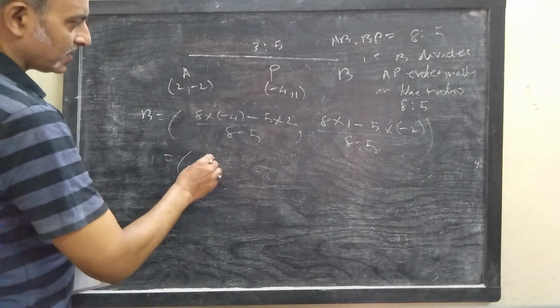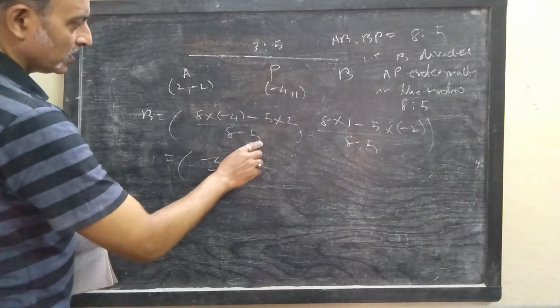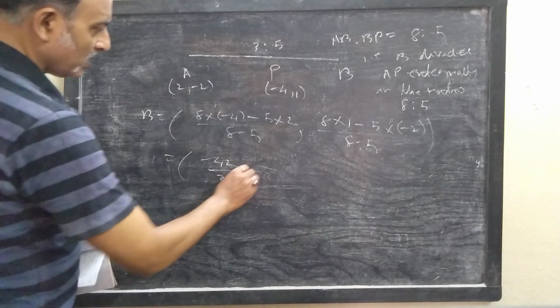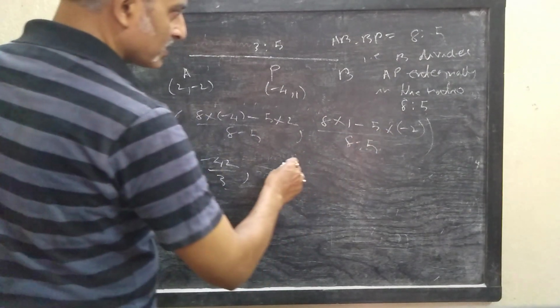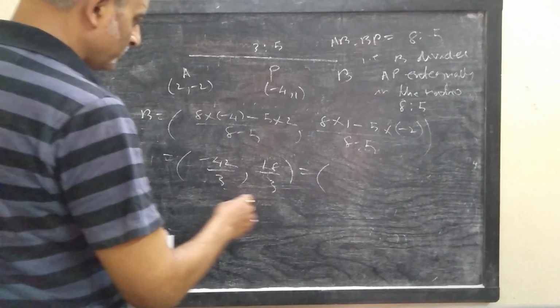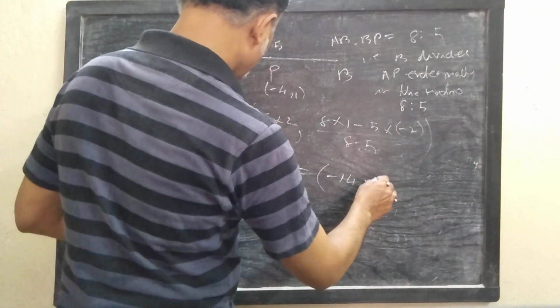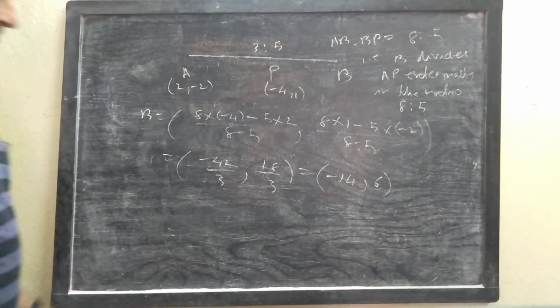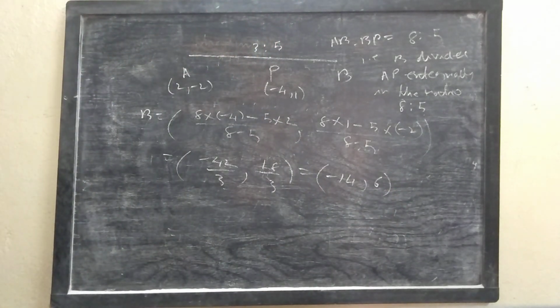Minus 32 minus 10, that is minus 42, by 3. And 8 plus 10, 18 by 3. So ultimately it gives minus 14 and 6. So we get the coordinates of B as (minus 14, 6).